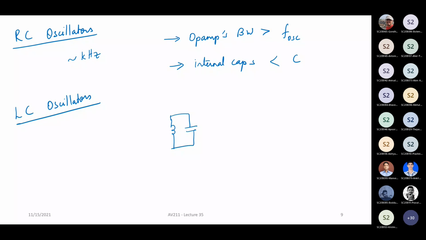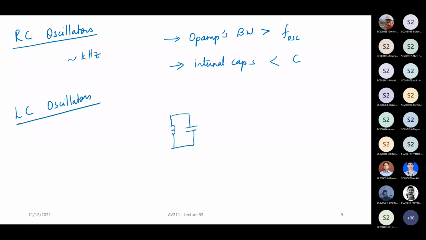Before I go into it, I just want to know whether you have studied tuned circuits in network analysis, like the bandpass response and the phase response, quality factor of inductors? No, sir. Not yet. Okay, then let me do one thing. I will pause it here. A couple of weeks later, we'll revisit LC oscillators and tuned amplifiers.